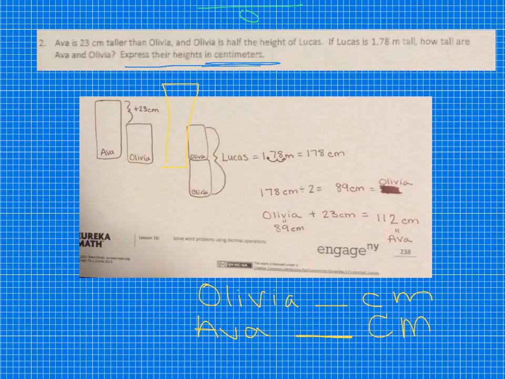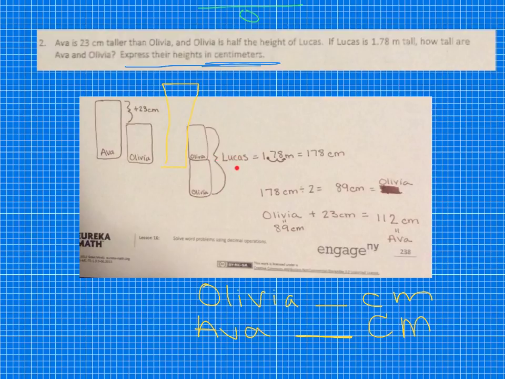Instead, I drew over here an Olivia and an Olivia, okay? Because that way you could see that 2 Olivias is the height of Lucas, because Olivia is half the height. If she's half the height of Lucas, that means 2 Olivias equal a whole Lucas.